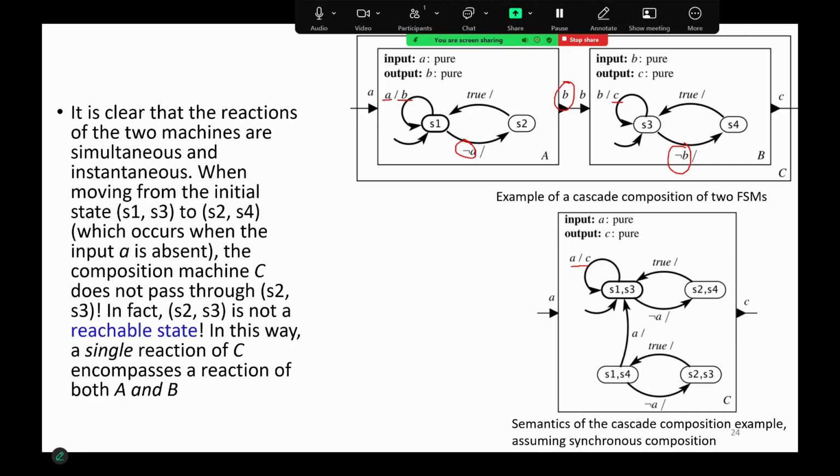That's why I moved on not A from S1, S3 to S2, S4. And then there are two non-reachable states. First, from S2 to S4, if I go through, I will return back on both sides. And they are happening synchronously, so both of them respond at the same time. So I will return upon true to S1, S3.